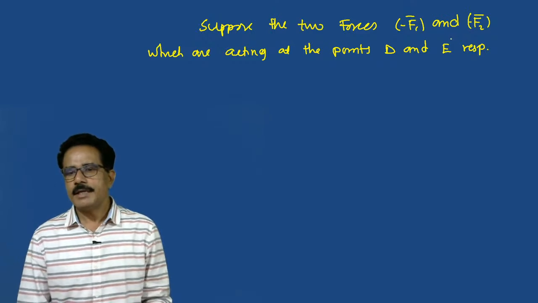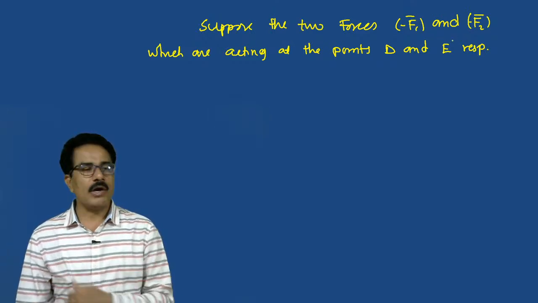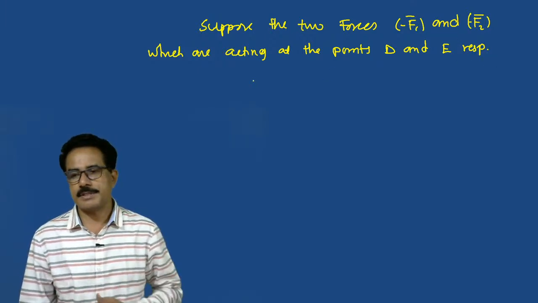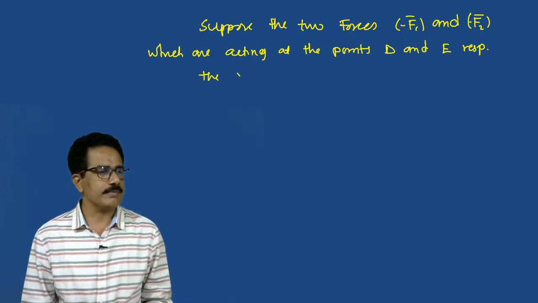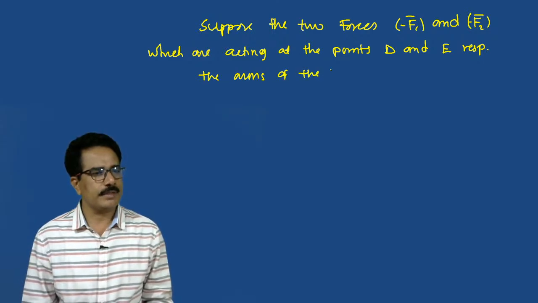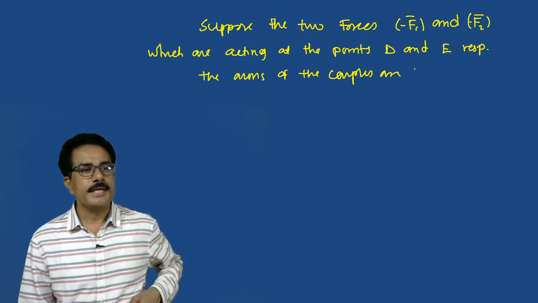Okay, D and E respectively. Draw the perpendicular, the arms. See this, the arms of the couples are AD.